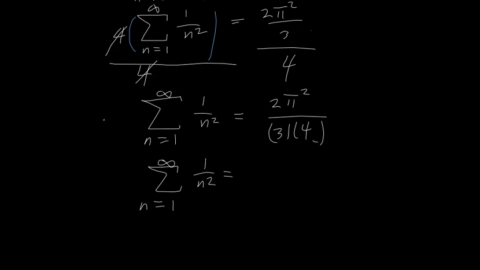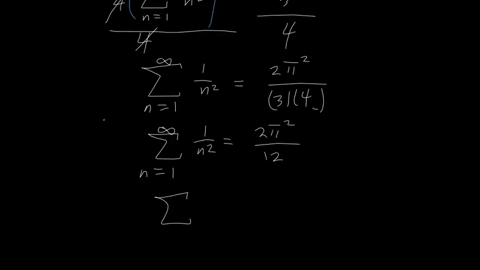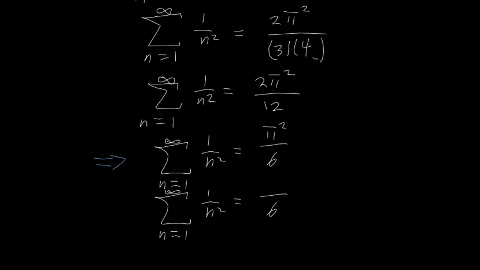And you're going to notice we get 2 pi squared over 12. 2 over 12 as a fraction is 1 over 6. So the sum of 1 over n squared is equal to pi squared over 6, and we have verified it. We have verified that the Riemann zeta function at the second power is equal to pi squared over 6, just by using Fourier series.